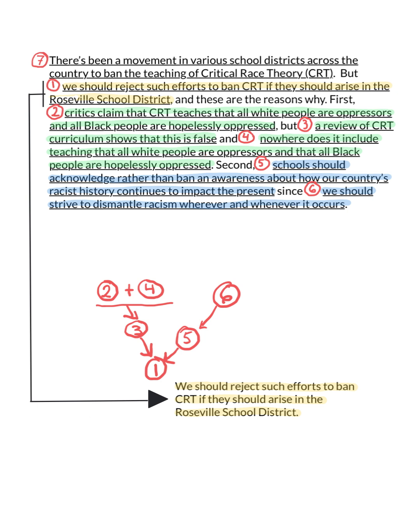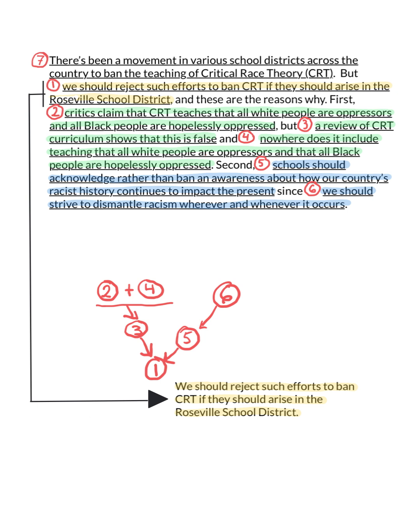This is not a case where 5 and 6 are convergent or linked reasons supporting the main conclusion, because to count as convergent support, both claims would need to give separate independent reasons for why we should reject efforts to ban CRT. For example, if Claim 6 said something like banning CRT violates free speech, that could function independently as a separate reason for the conclusion.